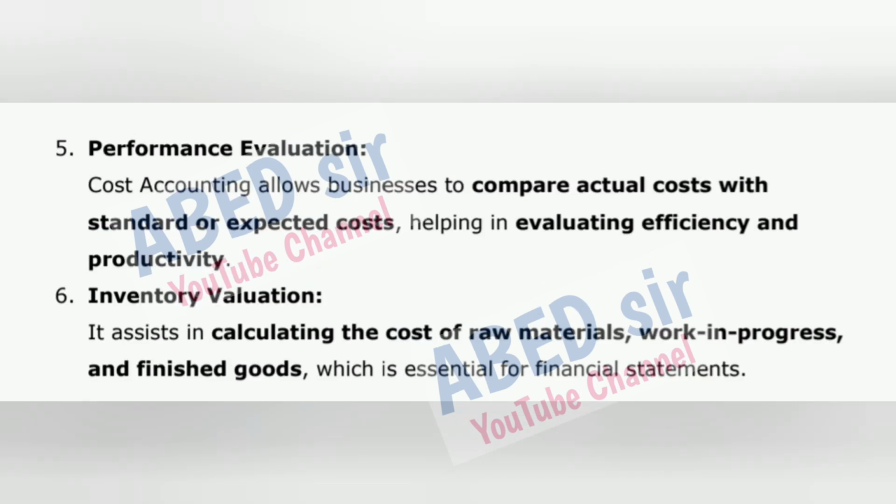Performance evaluation. Cost accounting allows businesses to compare actual costs with standard or expected costs, helping in evaluating efficiency and productivity. 6. Inventory valuation. It assists in calculating the cost of raw materials, work in progress, and finished goods, which is essential for financial statements.